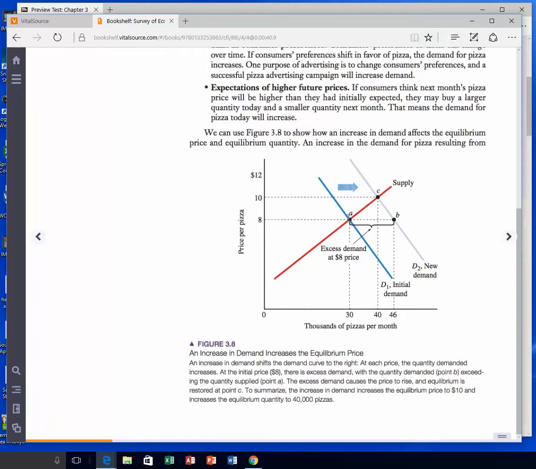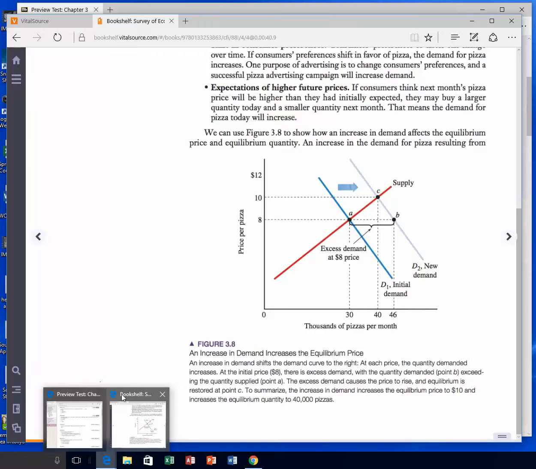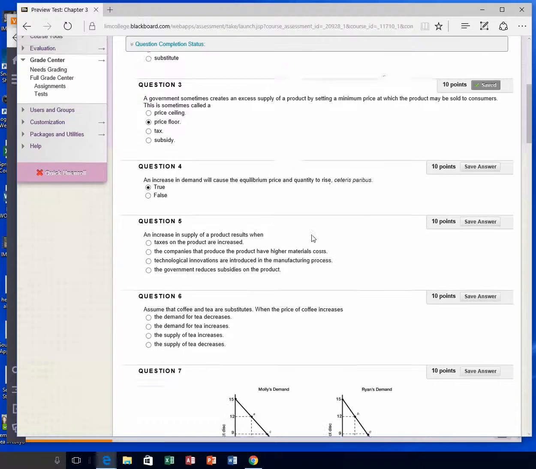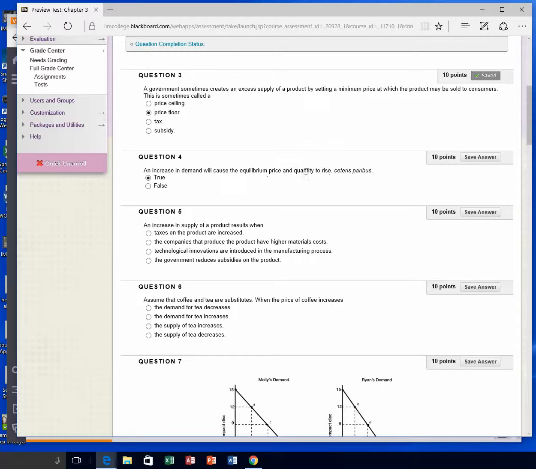It goes from point A to point B, but to reach equilibrium, you have to go where supply and demand meet at point C. So here there's an increase in price and an increase in quantity when demand shifts to the right and equilibrium is restored. So let me go back. True, that is. It's easy when you get these kinds of questions to just draw the graph.